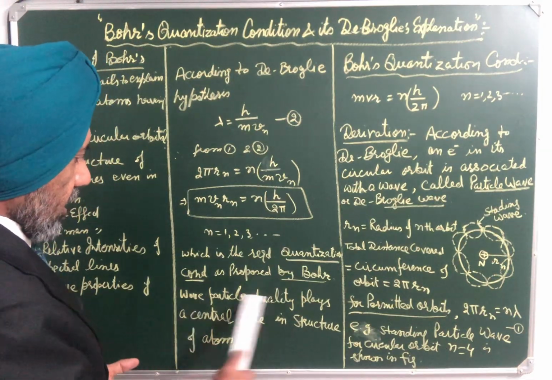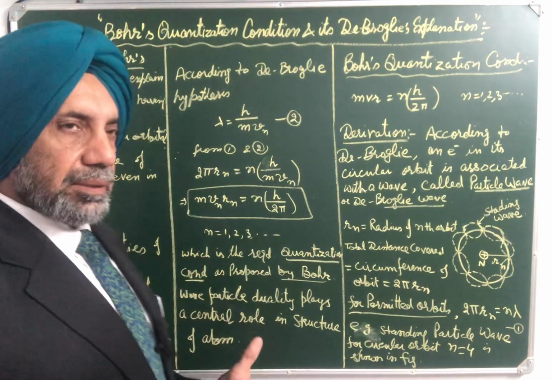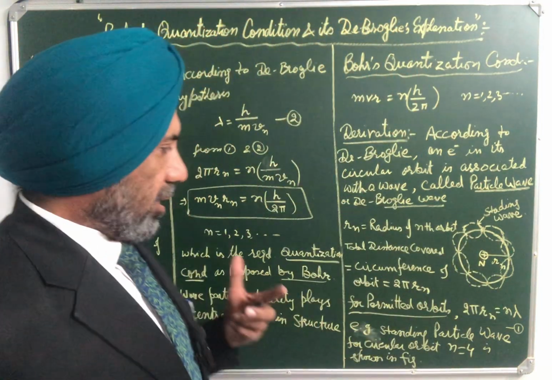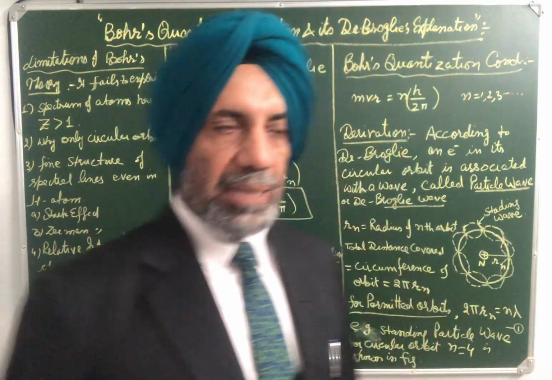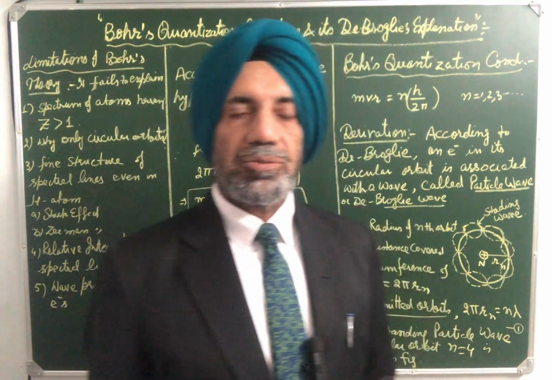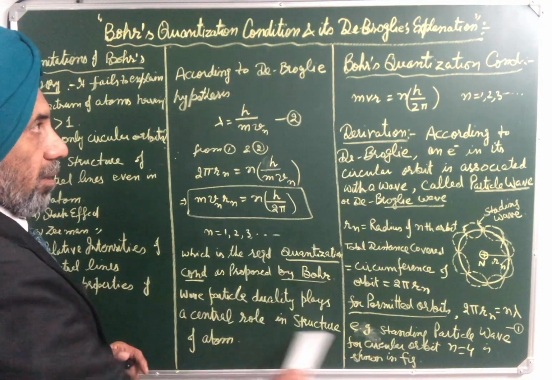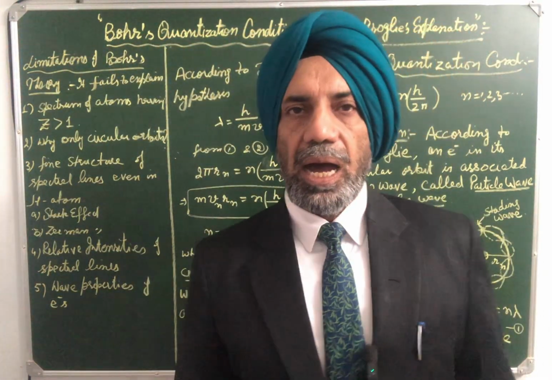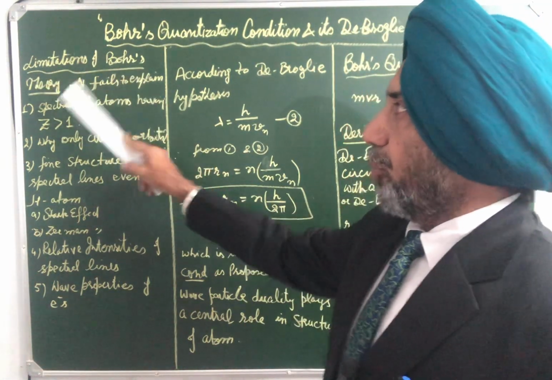Moreover, we can say that this wave-particle duality, the dual character of a particle, which sometimes behaves as a particle and sometimes as a wave, plays an important role in the study of the structure of the atom. So this is Bohr's quantization condition and its explanation on the basis of the de Broglie hypothesis. Lastly, I will also discuss the limitations of Bohr's theory.